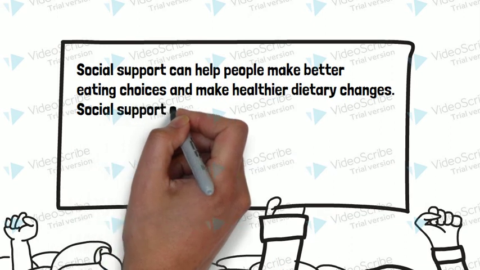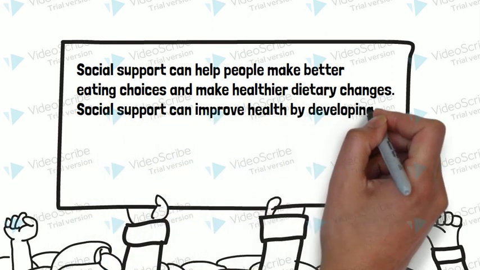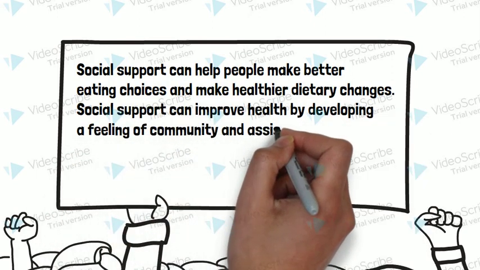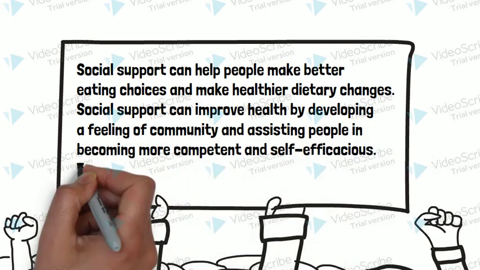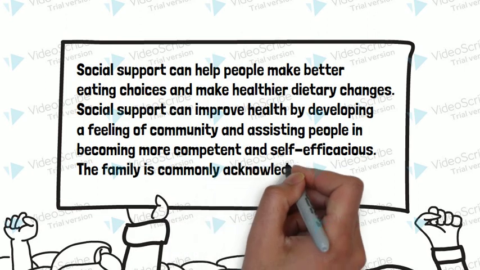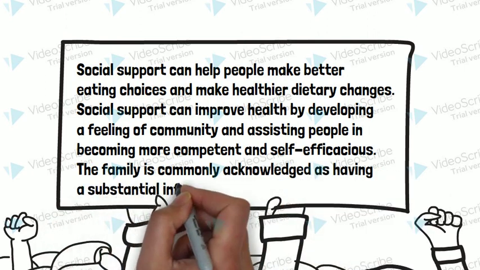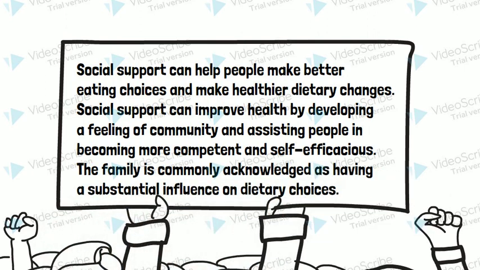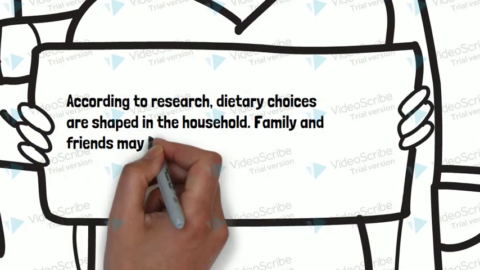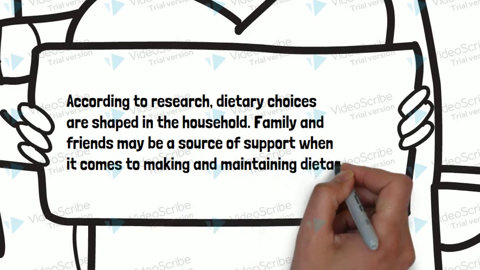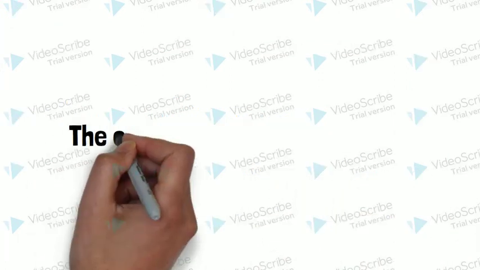Social support can also improve their health by developing a feeling of community and assisting people in becoming more competent and self-efficacious. The family is commonly acknowledged as having a substantial influence on dietary choices. According to research, dietary choices are shaped in the household, and family and friends may be a source of support when it comes to making and maintaining them.